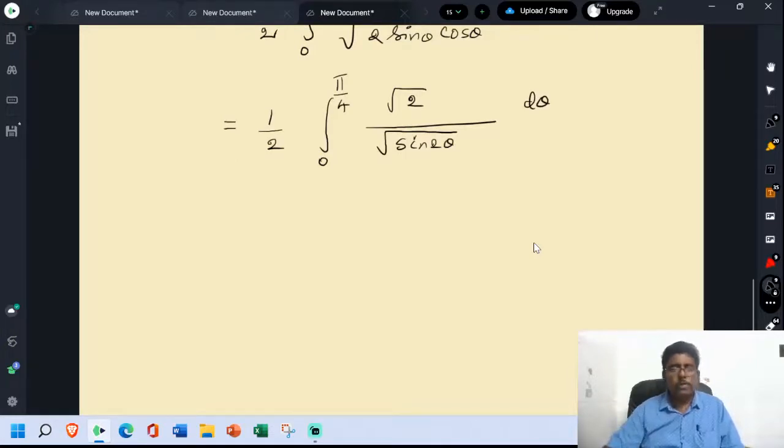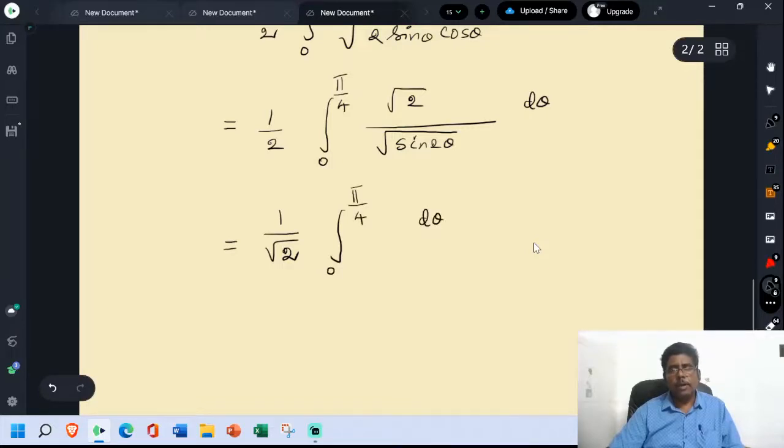This is equal to 1 by root 2. See this root 2, 2. So this is modified as 1 by root 2. Entire limit varying from 0 to pi by 4, d theta divided by square root of sin 2 theta.